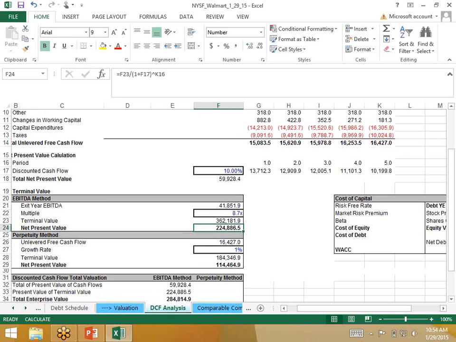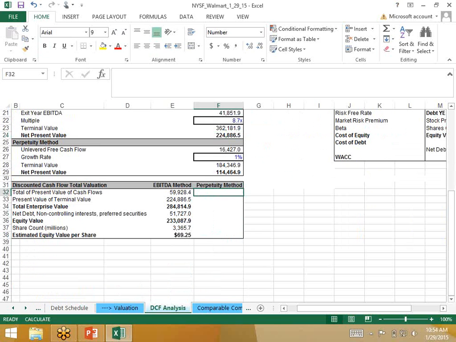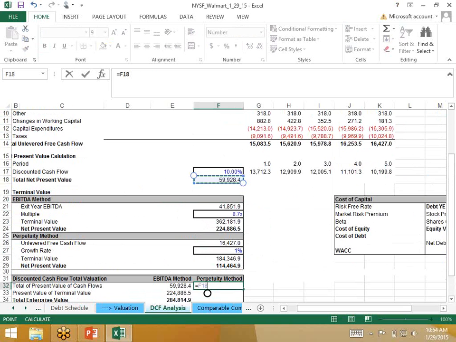Okay. So now that we have the perpetuity method terminal value, let's interpret that into total enterprise value based on the perpetuity method, total equity value, and total stock price. So we're going to take, again, from the perpetuity, the total present value of cash flows, which is the 59928.4.